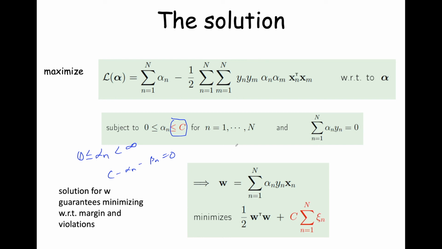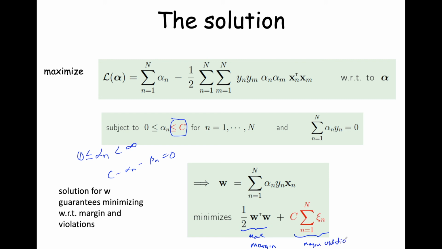All right, so from this, we get a definition for W, as we said before, and we can identify our support vectors as we did before. And this is going to minimize the expression for our objective, 1/2 W transpose W. That, again, is the max margin, with a penalty that talks about the margin violations.